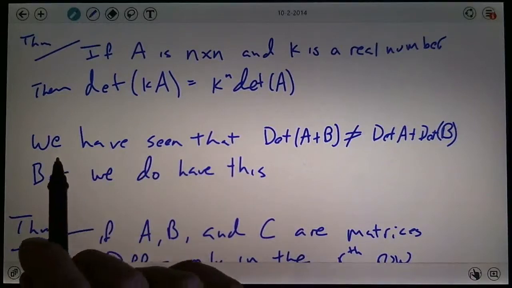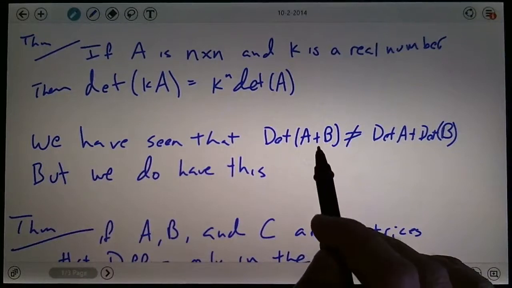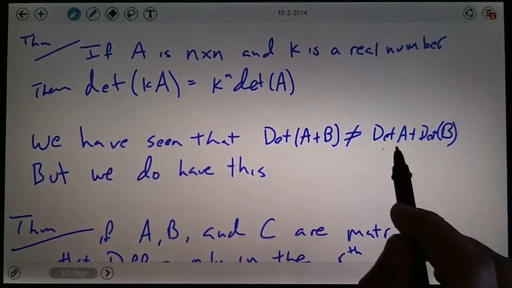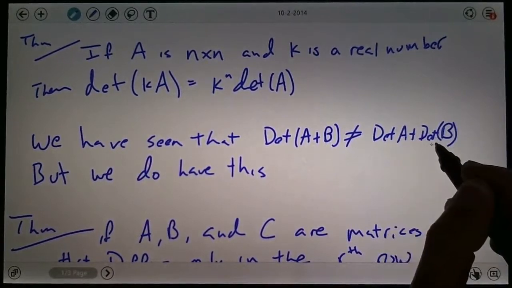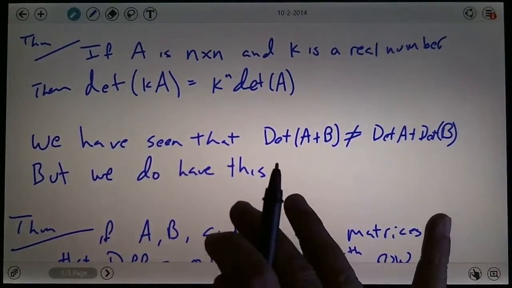That was simple enough. Now I want to look at adding two things together. And we've seen already that if you add two matrices together and take the determinant, it's not equal to the sum of the determinants. But there is something that we can say.